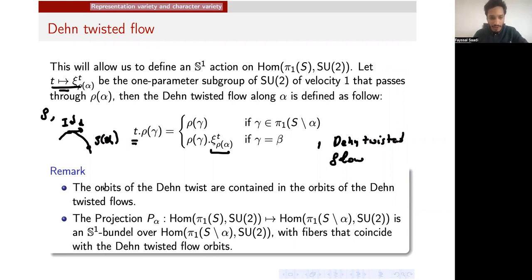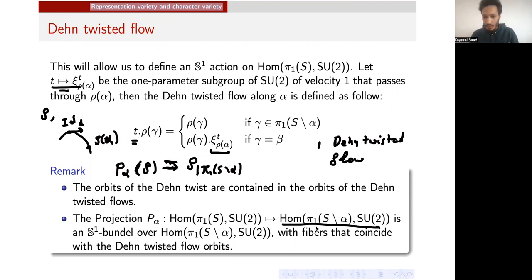Second, we'll always have a projection, rho p of alpha, such that applying it to rho gives just the restriction of rho to S minus alpha. So this projection defines an S1 bundle over the Hom variety of the pi1 of S minus alpha, where the fibers are exactly the Dehn twisted orbits.